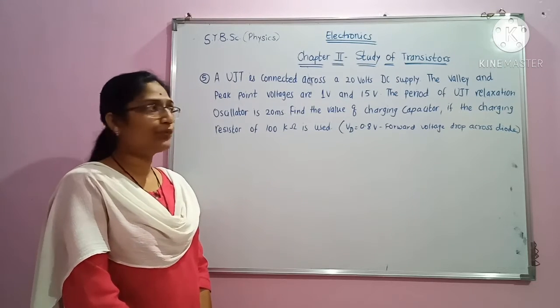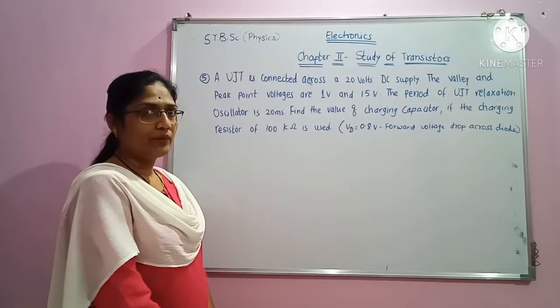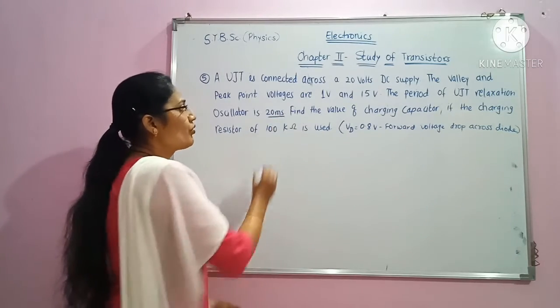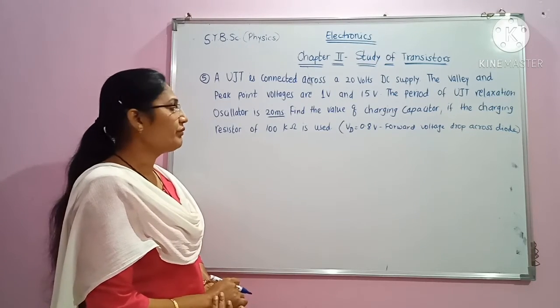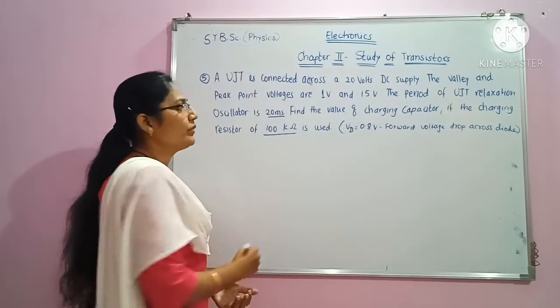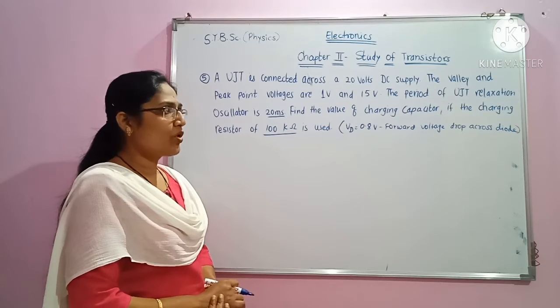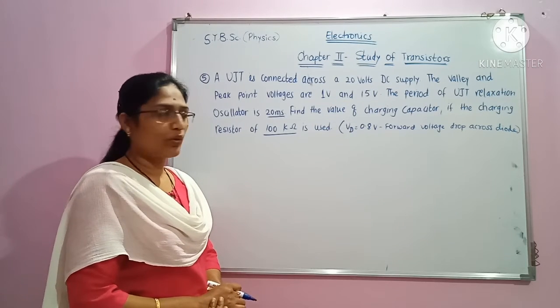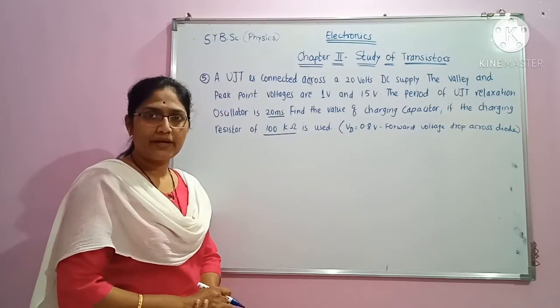The period of the UJT relaxation oscillator is 20 millisecond. Find the value of the charging capacitor if a charging resistor of 100 kilo ohm is used. They have also provided the forward voltage drop across the diode, VD, equal to 0.8 volt.